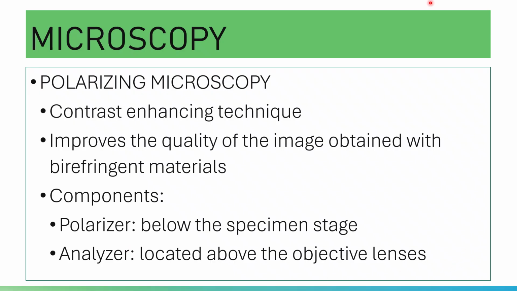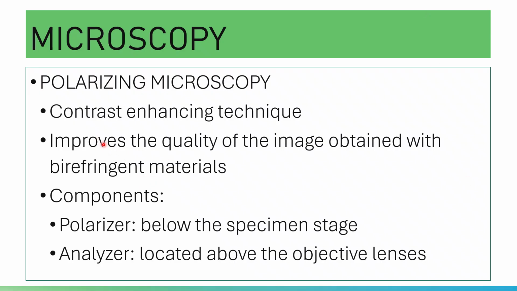In polarizing microscopy, you can have a dark image for isotropic materials and birefringent images for anisotropic materials. Your birefringent images appear bright or colored against a dark background.